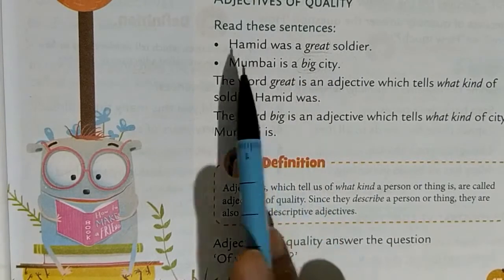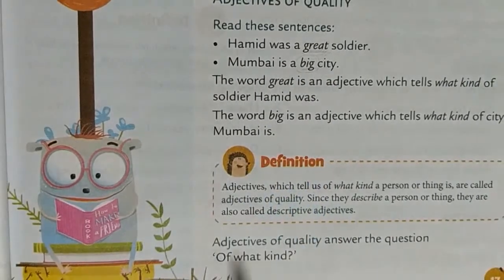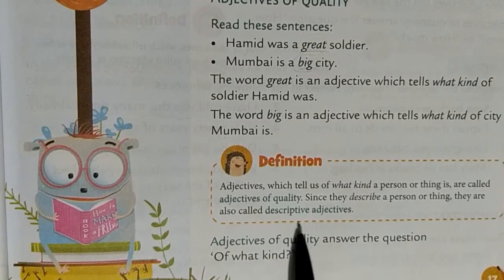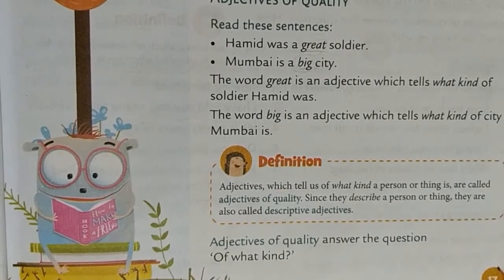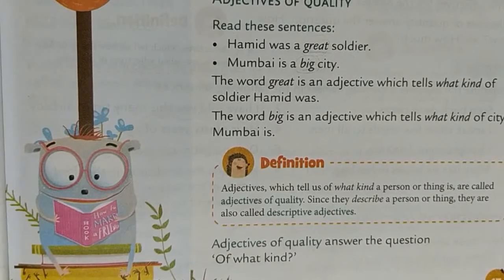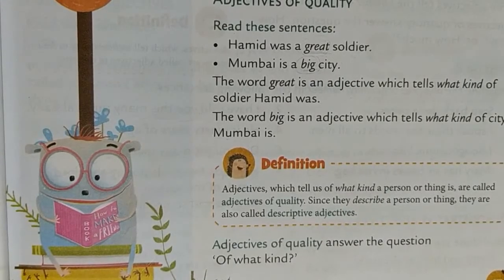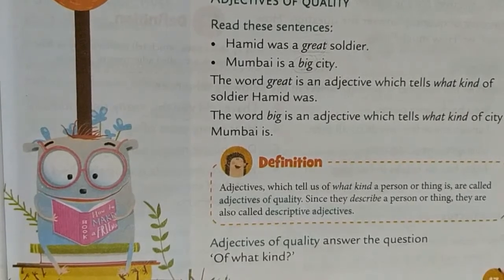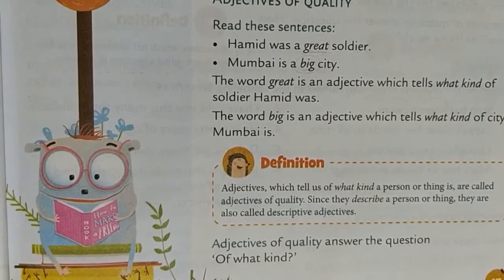Hamid is a great soldier and Mumbai is a big city. They are also called descriptive adjectives. Descriptive means they are giving the description of a noun in the sentence, of a person or a thing. They are giving you a complete description of how that person is.